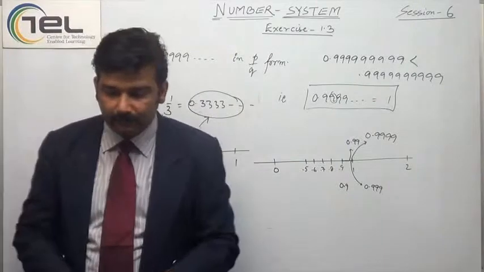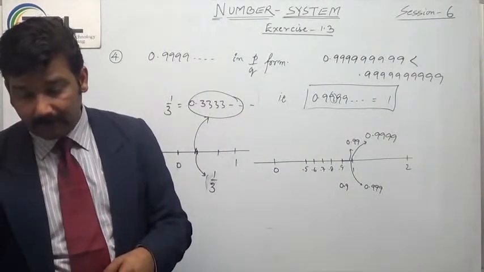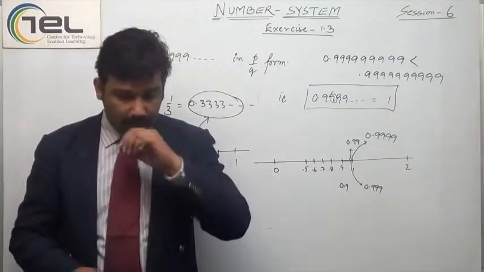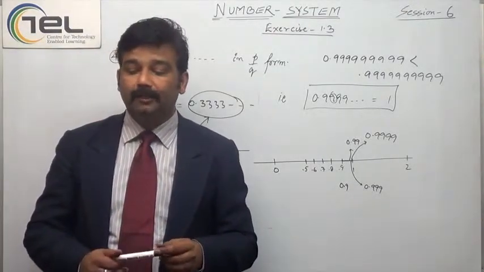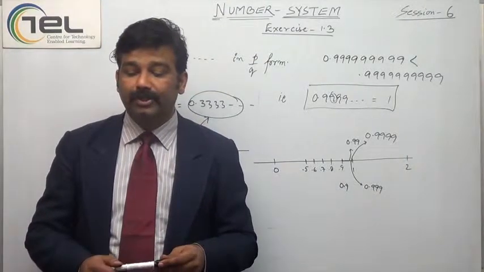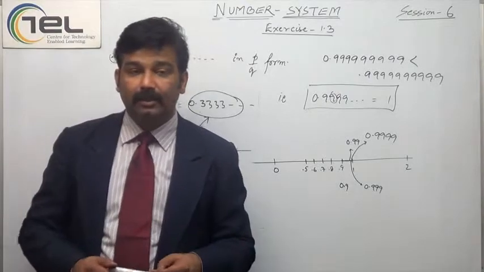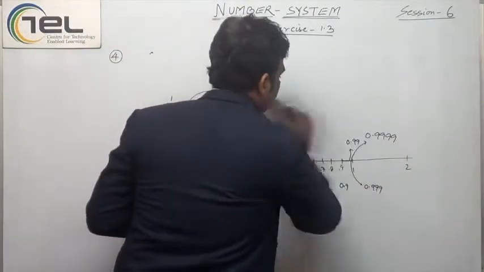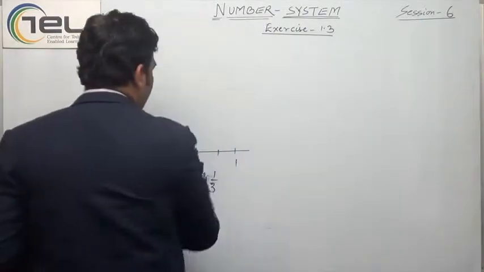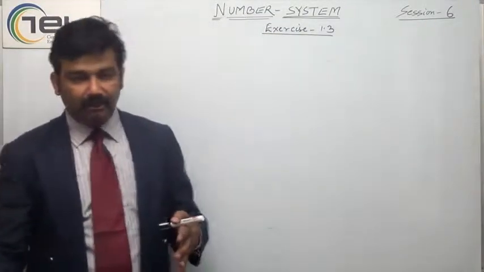Okay, let's move to another question. What can be the maximum number of digits in the repeating block of digits in the decimal expansion of 1 by 17? I think it is very easy. You can do it yourself. You have to divide 1 by 17, and the block means the number of terms.